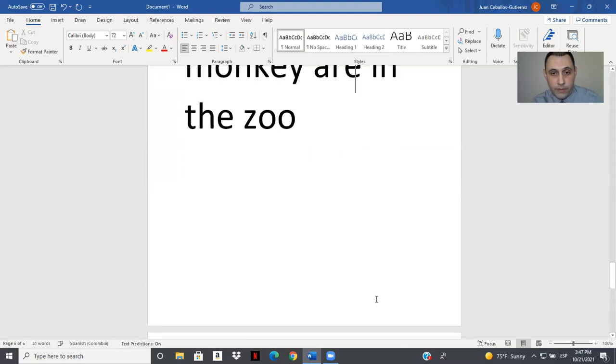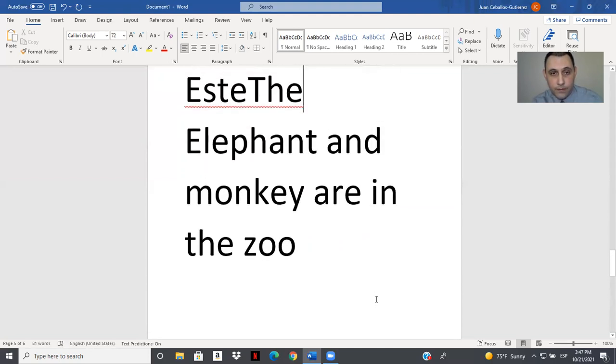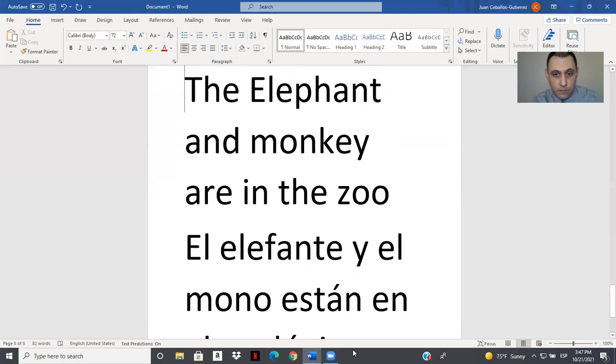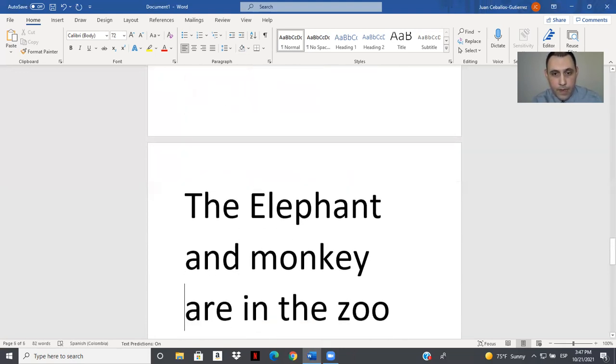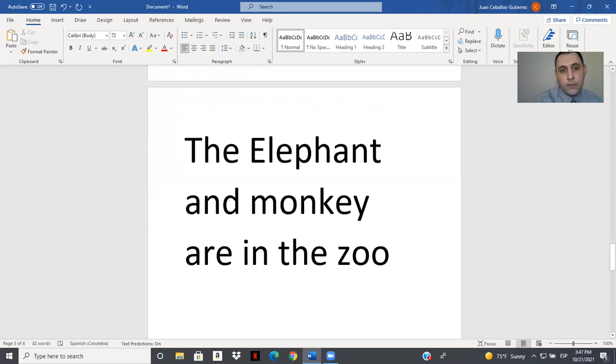Okay, now I can take this, the elephant and monkey are in the zoo. Now I can state the subject, the elephant and monkey, and change it for they.